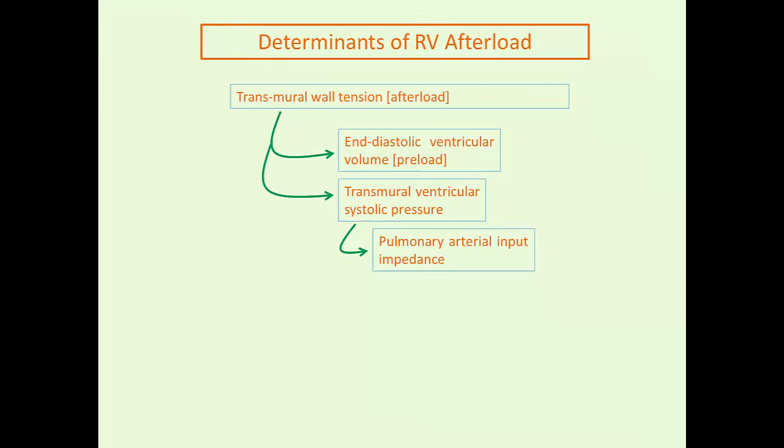Well, part of this is your pulmonary arterial input impedance. And so you can think of your impedance as how difficult the pulmonary vascular tree makes it for blood to be ejected into that.